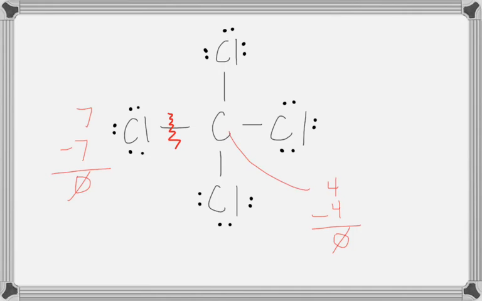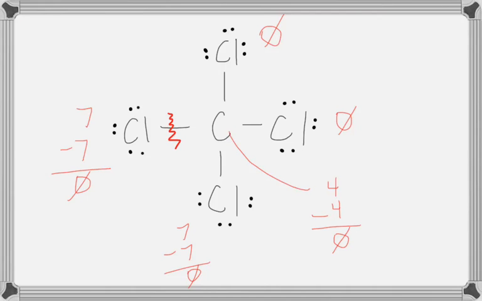How many valence electrons should chlorine have? 7. How many does this structure show it having? 7. Its formal charge is? 0. Now I'm going to keep working my way around counterclockwise. The chlorine on the right, what's its formal charge? 0. The chlorine on the top, what's its formal charge? 0. Okay? That's how you would do a formal charge.